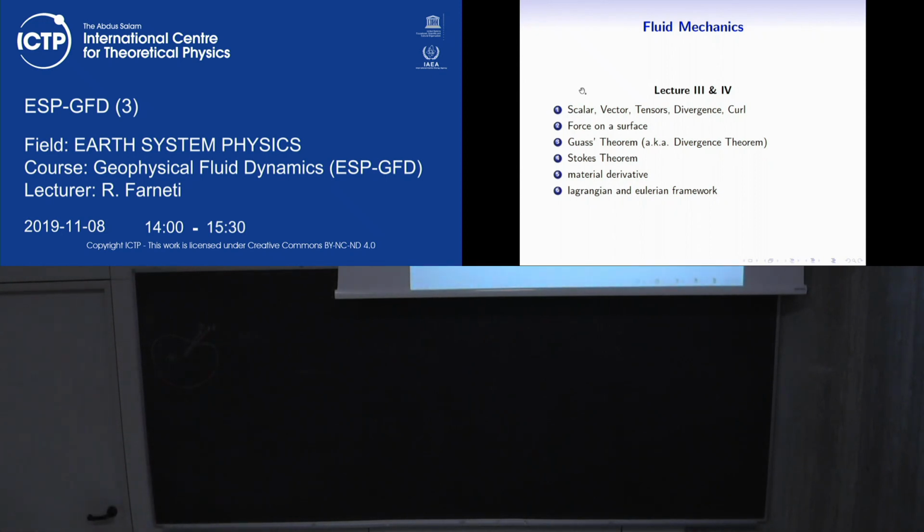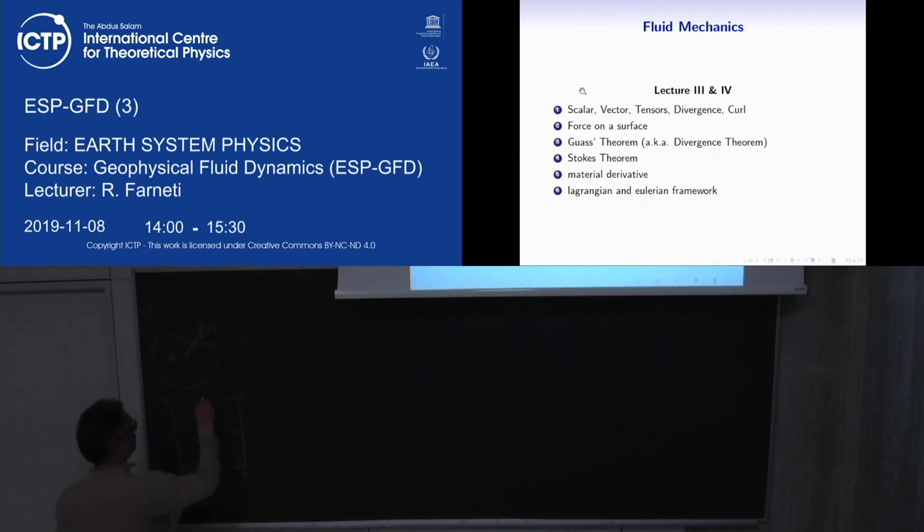Now let's consider a 2-dimensional case to make it easy. We take this A, B, C, and D. In this 2-dimensional example, this is dx1 and this is dx2.